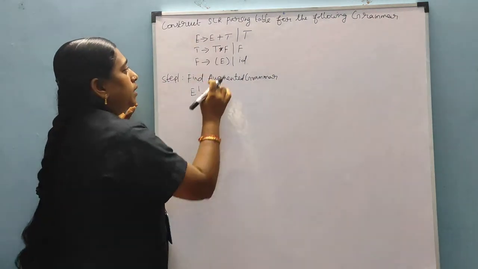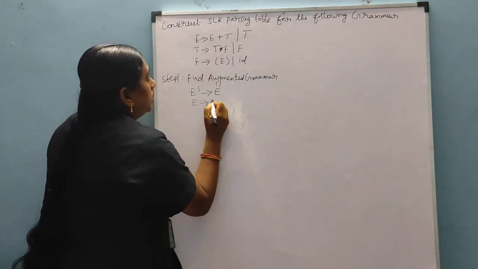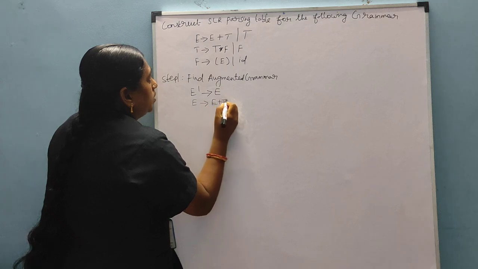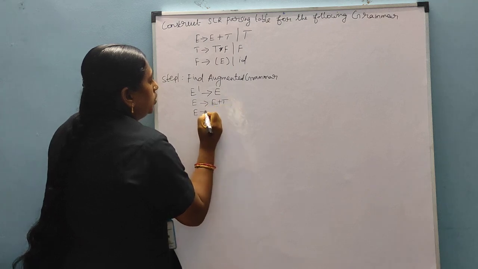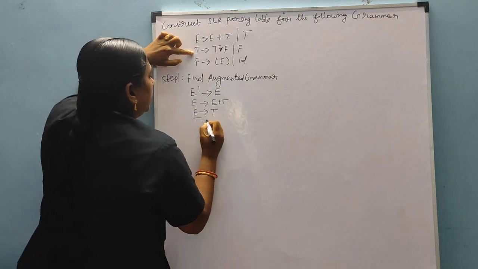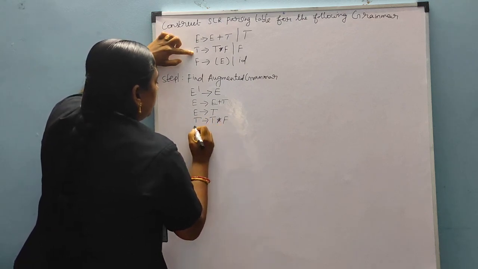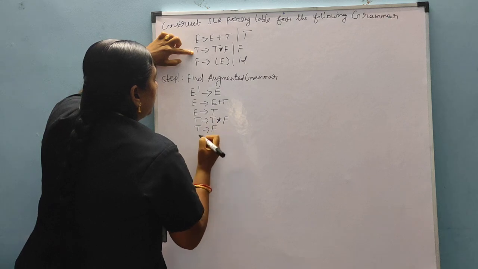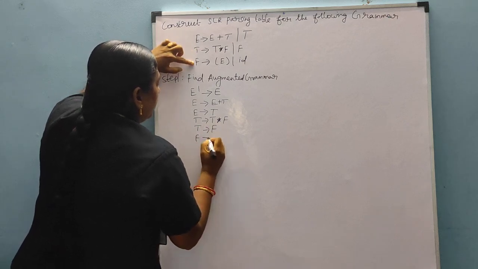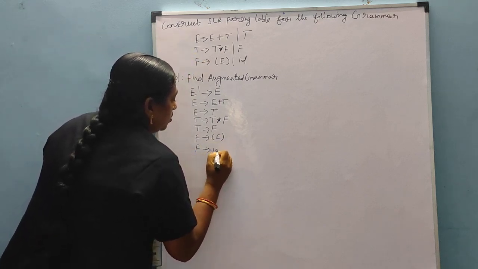Then the remaining grammar we have to write. Given grammar E plus T, E tends to T, and then T tends to T star F, T tends to F, then F tends to E, F tends to ID.